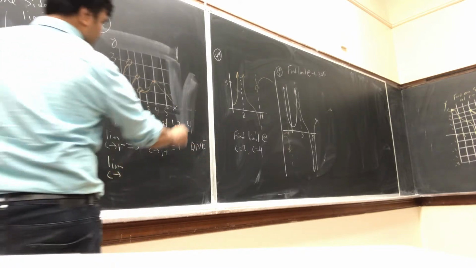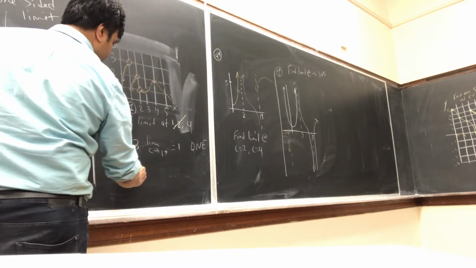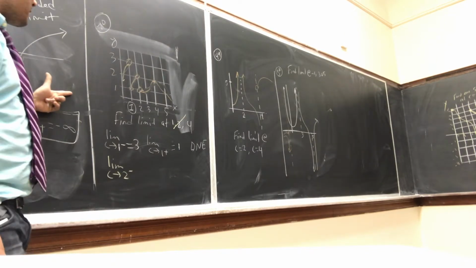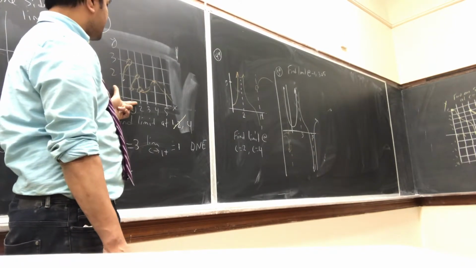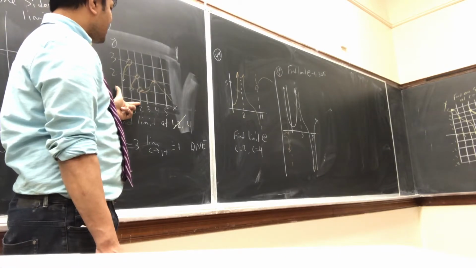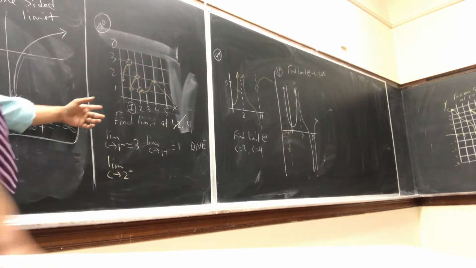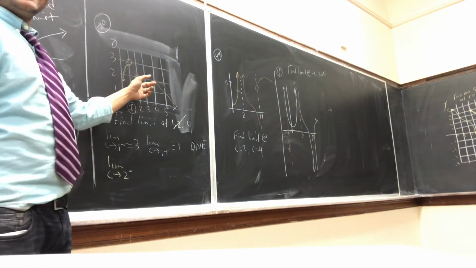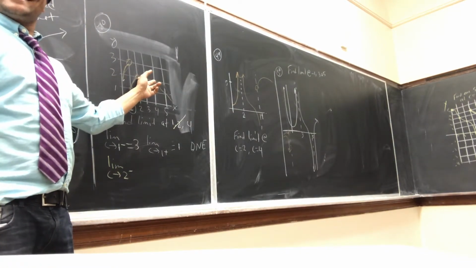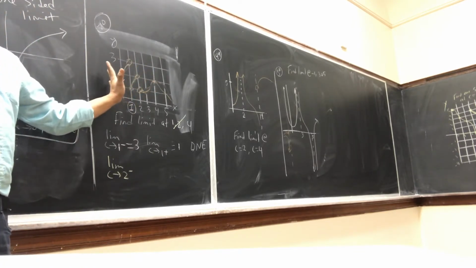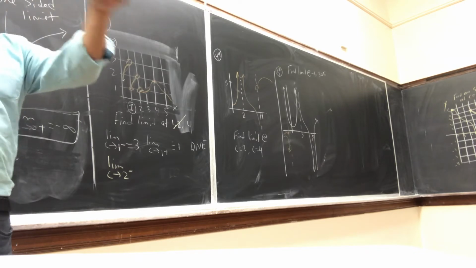2. From the left. C goes to 2 from the left. What is it? 1. How can it be 1? Use the same idea we just did. 2, right? We stick to the same idea we used before. Everyone agree? 2.